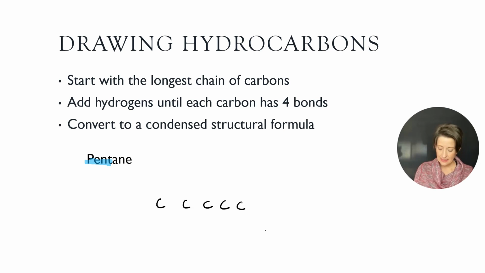Ane tells me that it is all single bonds between those carbons. So I'm going to connect them. There's nothing else in this name, which means every other bond is going to be a hydrogen. If you're not ready to just know how many hydrogens each carbon needs, you can draw out that complete structural formula to show that carbon has 4 total bonds.